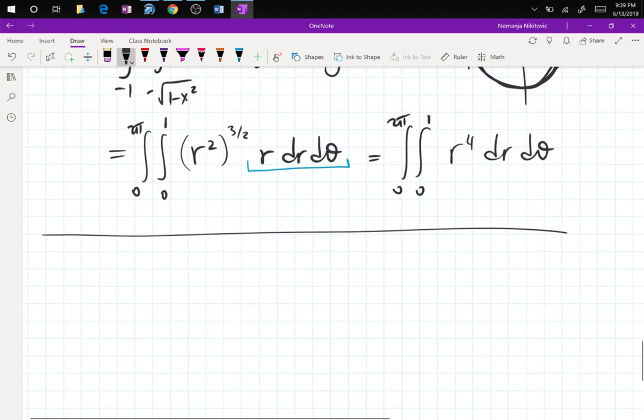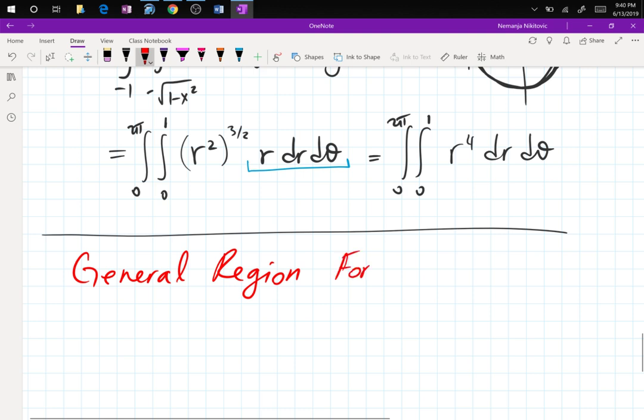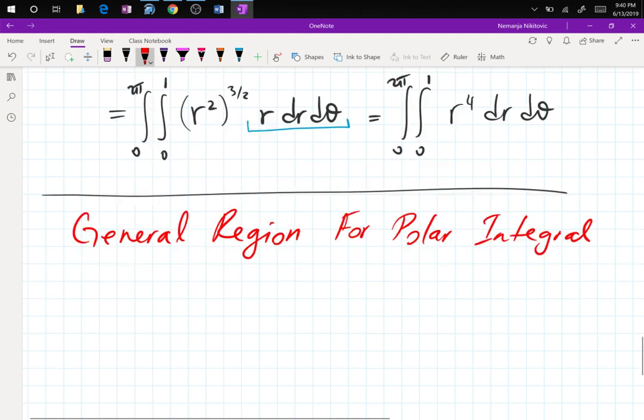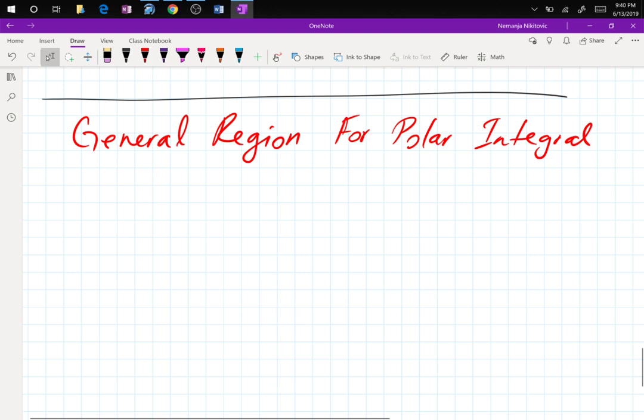Now, the general formula for the double integral in polar coordinates. So this is your general region for a polar integral. Now our r, which is the inner integral, is allowed to vary.